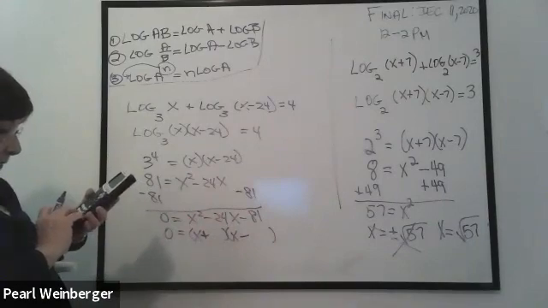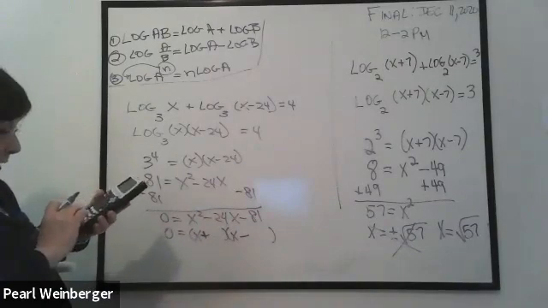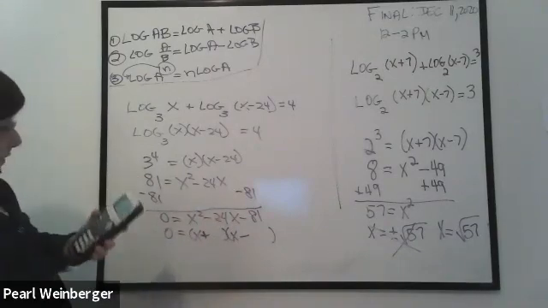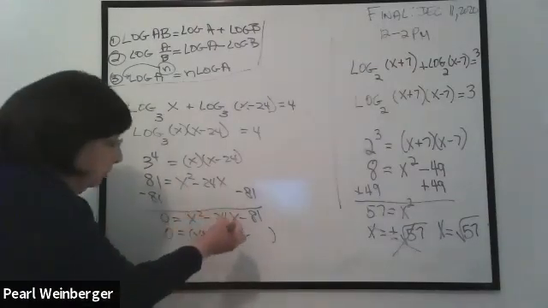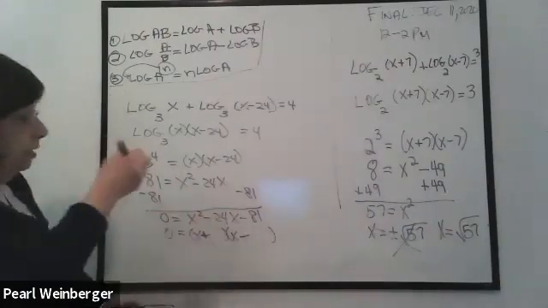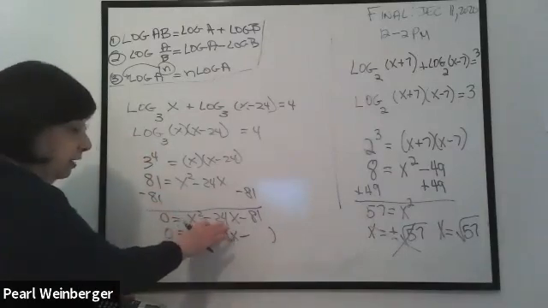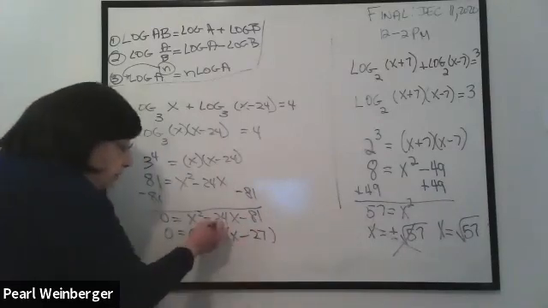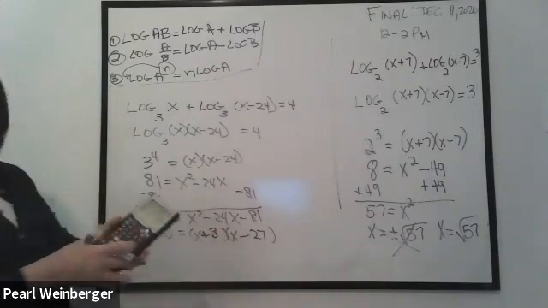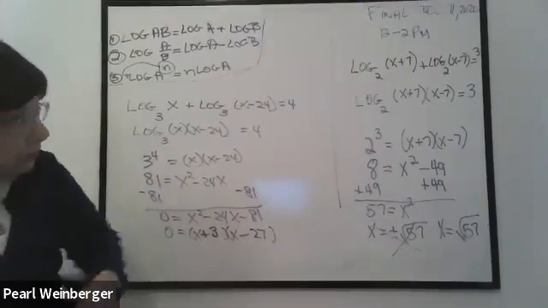And I think if you take 81 and you divide it by 3, you get 27. So obviously one number is going to be 27 because 27 minus 3 is 24. And the larger number, the 27, is going to be the negative, and the 3 is going to be the positive.